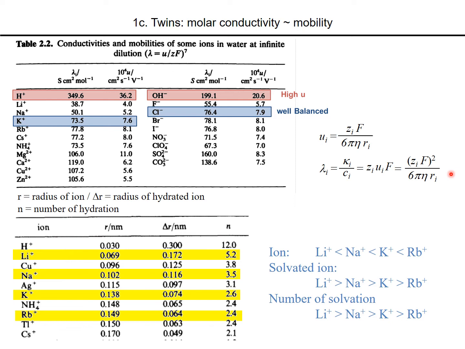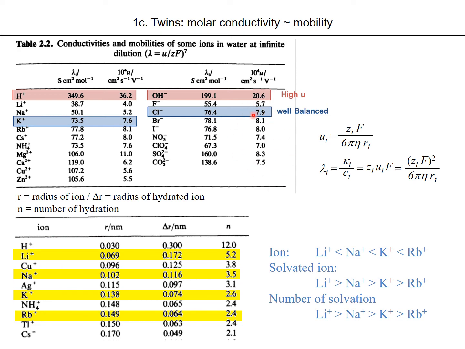So it means the effect of the charge on molar conductivity is larger than the effect of the charge amount on mobility. So, except for proton and hydroxide, the mobility is similar to each other for all 1 plus cations and 2 plus cations. How about anions? Similar to each other, even more similar.